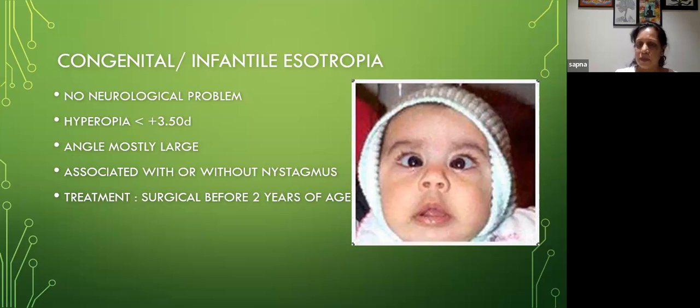The criterion first should be to manage the amblyopia. If one eye is squinting, it means definitely that eye has amblyopia. So we have to first convert a one-sided squint to an alternating squint. If it is an RET or a LET, try to convert it into an alternate ET. In cases of cross fixation like this child, the medial rectus becomes very tight.